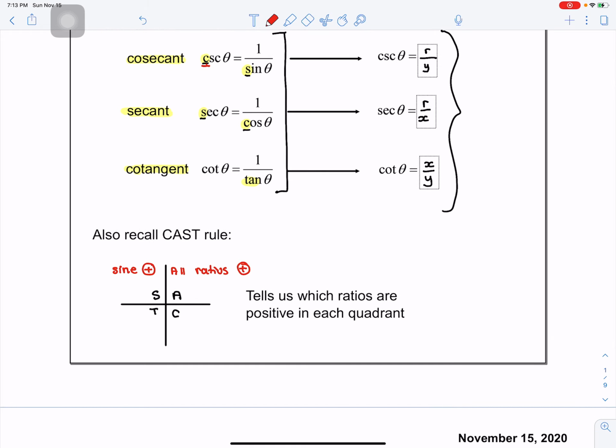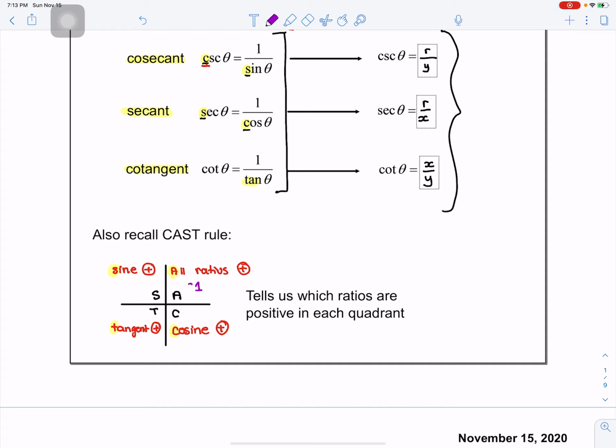As long as you know sine is positive, when you do the reciprocal for cosecant, you'll also know that it's positive. This quadrant has a T in it, so I know that tangent is positive. And then in this quadrant, cosine is positive. So the word CAST, if you remember, comes from the first letter of each of these words to give you the C-A-S-T.